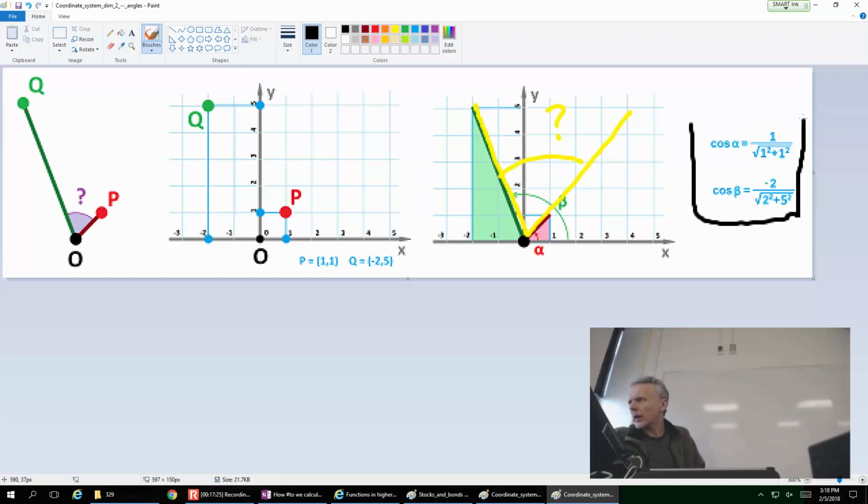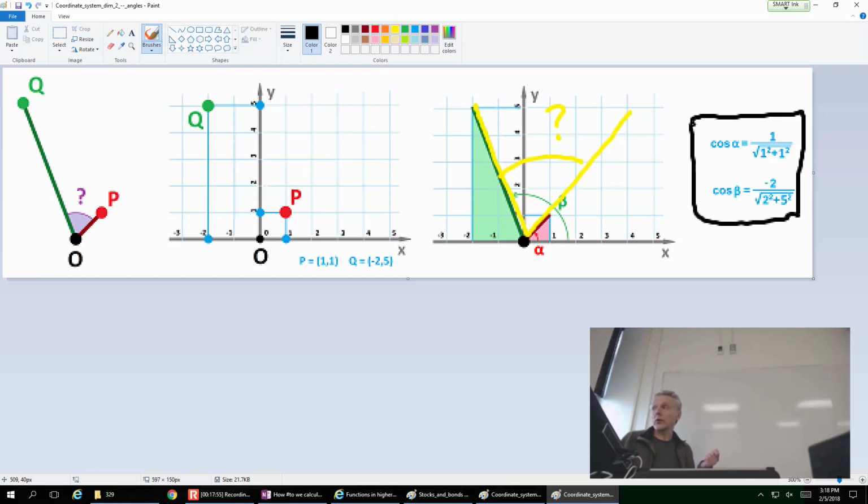It is nothing but the cosine of these two angles. Look at the coordinates. It's the y coordinate divided by the hypotenuse, right?